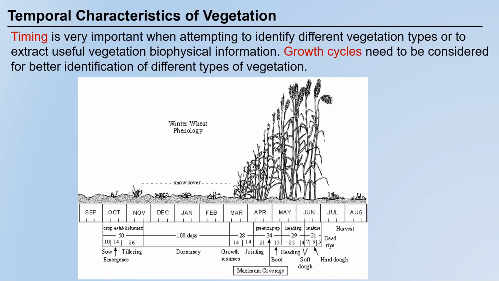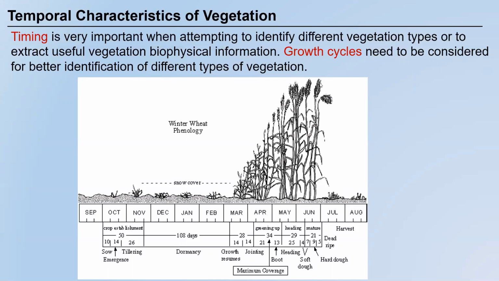According to this figure, the best timing to address winter wheat with remotely sensed data is maybe in summer, April or May. Winter wheat should be very green. You say maybe June.